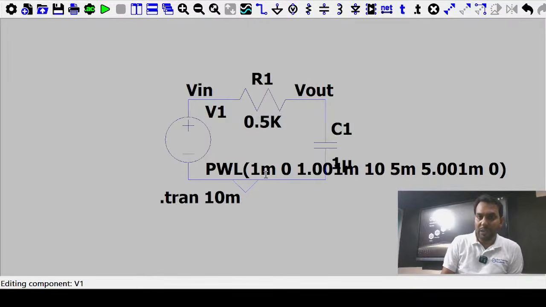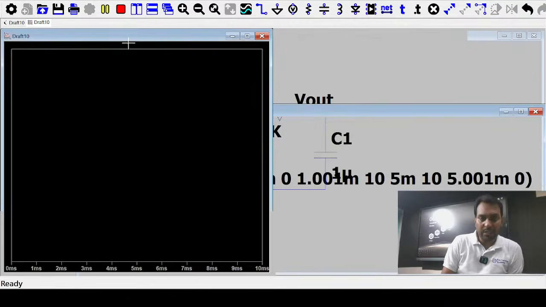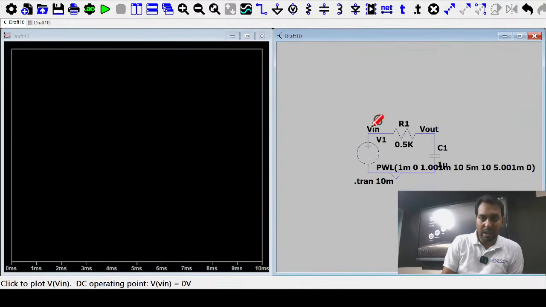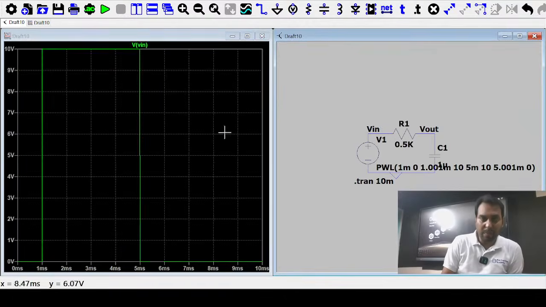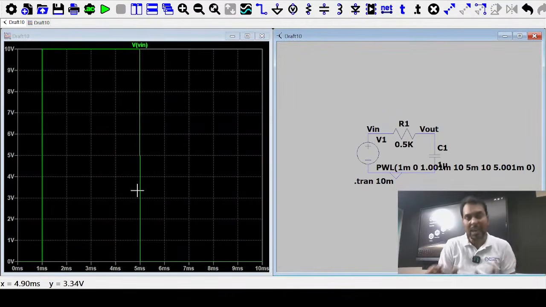So I am writing: till 1 millisecond is 0, at 1.001 millisecond it becomes 10, till 5 millisecond it is maintained at 10 volt, and at 5.001, that is 5 millisecond plus 1 microsecond, it becomes 0, falling in 1 microsecond, the fall time. Now simulate it. The input is just like a duty cycle.